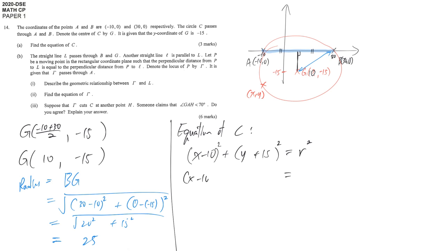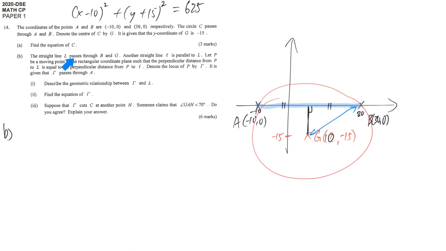We have (x minus 10) squared plus (y plus 15) squared equals r squared, that means 25 squared, 625. This is called the standard form of circle equations. So this is acceptable as your final answer. We finish part A.